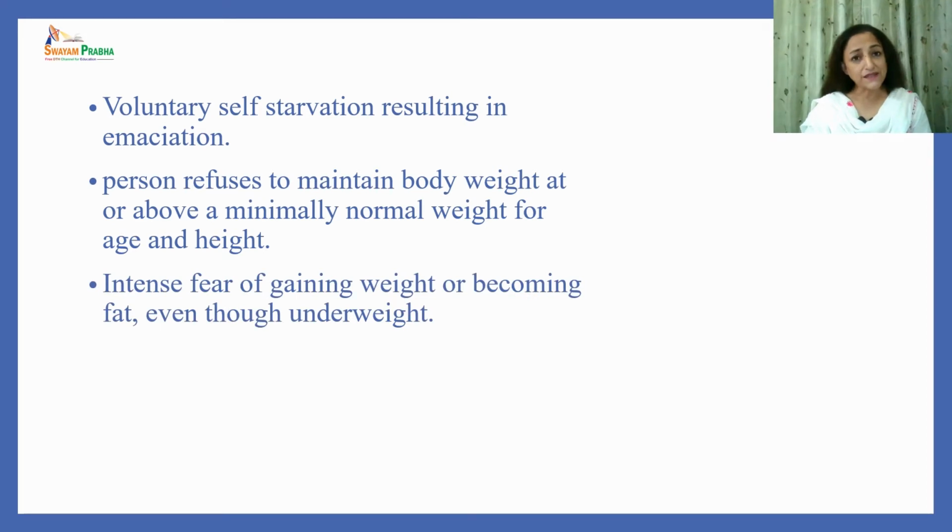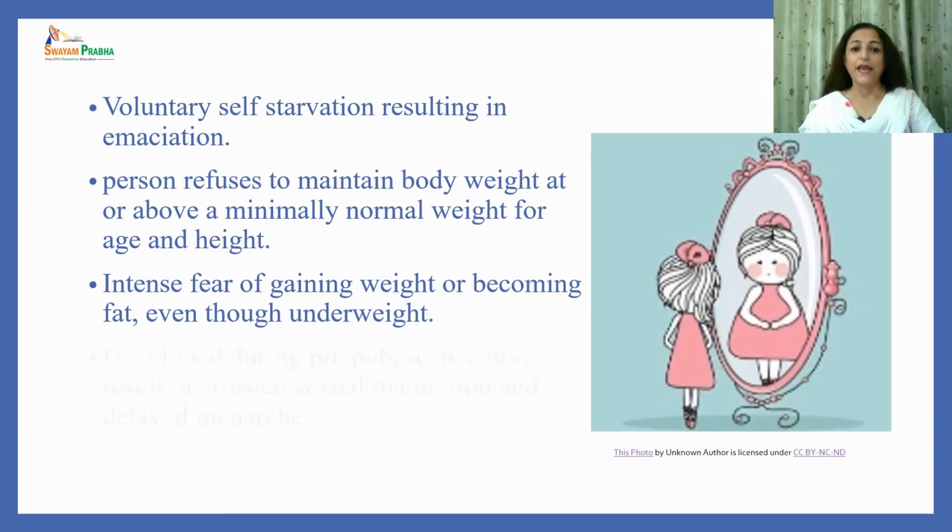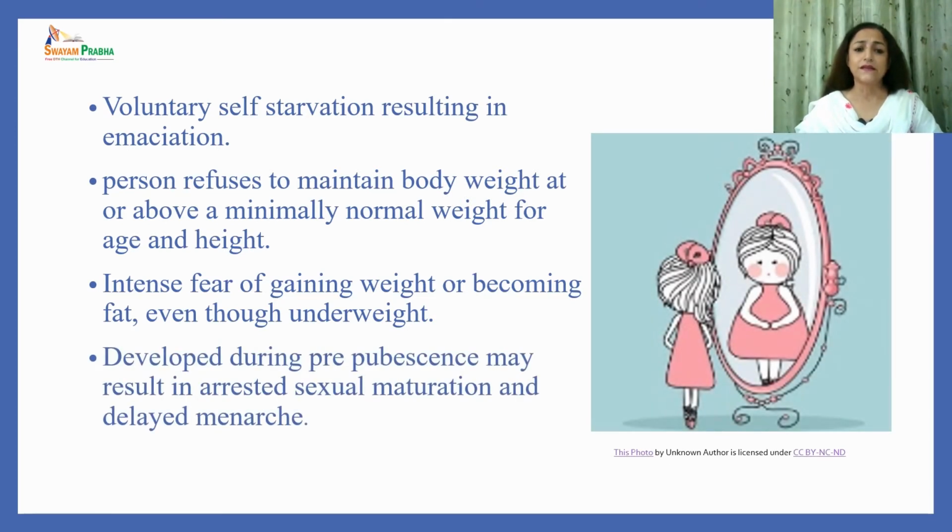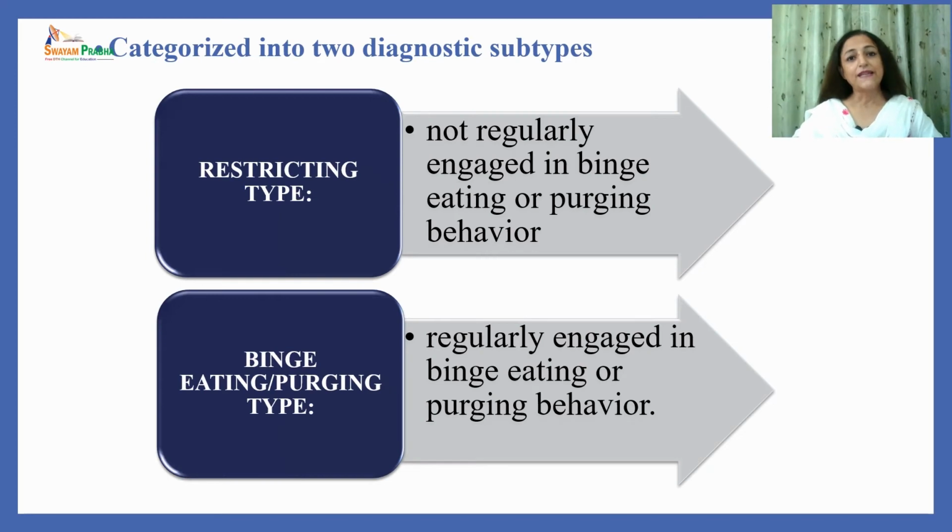There is intense fear of gaining weight or becoming fat, even though the person may be actually so underweight or totally emaciated. And it is developed during the pre-pubescence period, which may result in arrested sexual maturation, and it may actually delay the menarche also. We can categorize anorexia nervosa into two diagnostic subtypes.